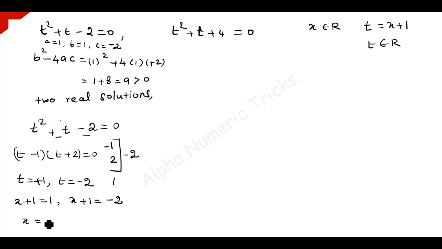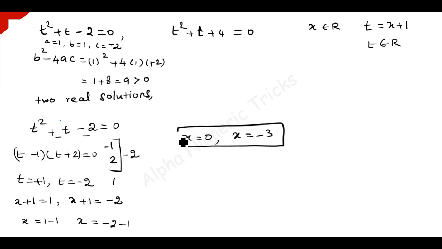From this, x is equal to 1 minus 1, that is x is equal to 0, and from the other, x is equal to minus 2 minus 1. So we have x is equal to minus 3.